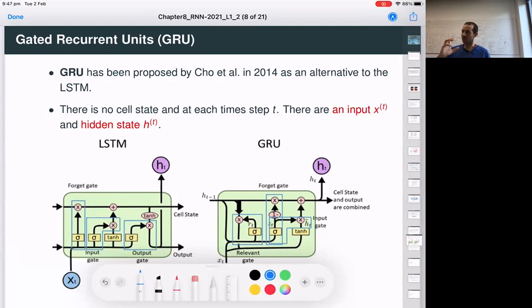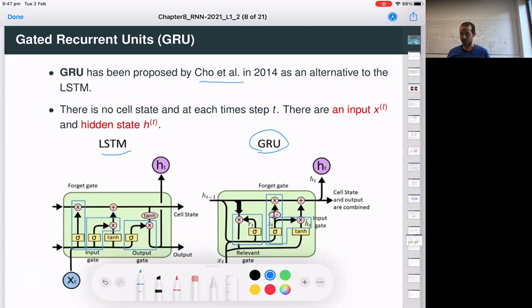Cho et al. proposed the GRU, the gated recurrent unit, which is a little bit different from the LSTM. And you can say, oh, I can make my own architecture inside the node. It's true, some people try different strategies. So this is another competitor to the LSTM.